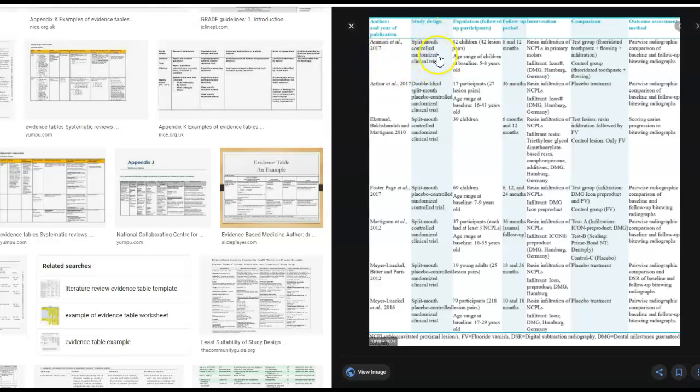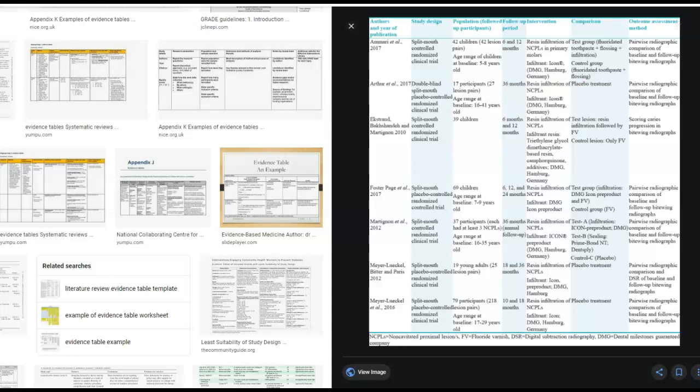And their study design, their population, their follow-up period, their intervention, their comparison, and then what was the outcome, assessment, or measure? And so you do that for each of the ones that you keep. And then that way you can have a brief summary of your evidence.